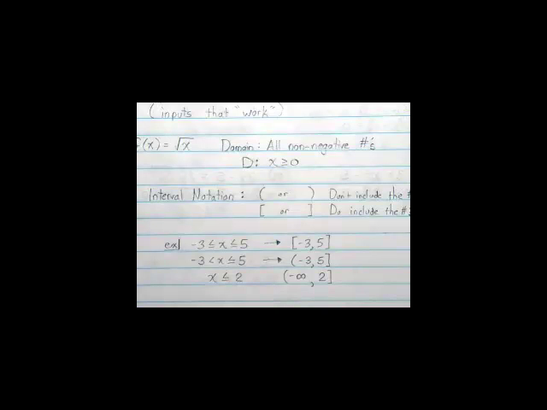And I put a parenthesis on there because can you ever get to infinity? No. It's not an actual number, right? So can I include infinity then? No. So you never put a bracket around an infinity, because it is unattainable. So parenthesis, negative infinity, comma 2, bracket would be that one. Okay.